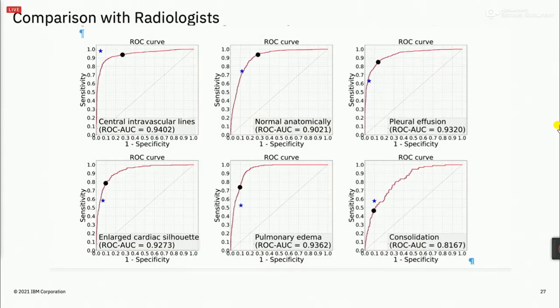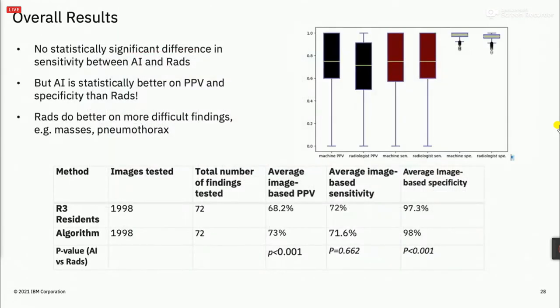And you can see from these ROC curves that for some findings, radiologists are better than machines, and for others, machines are better than radiologists, and for some of these, like normal-abnormal discrimination, they're right on the curve. So in fact, the overall conclusion from that was that there isn't much statistically significant difference between sensitivities of AI and radiologists, but specificities you can actually tune to be much higher for machines based on the performance considerations that you choose and the prevalence distributions of these labels.